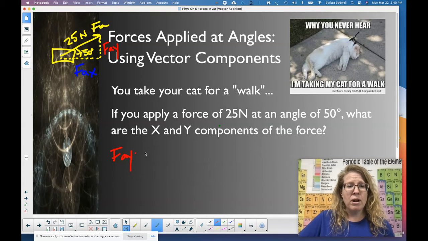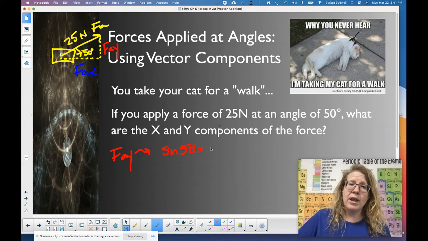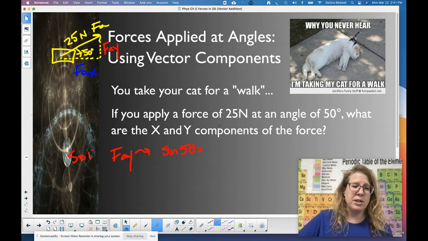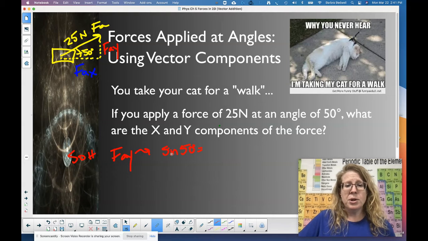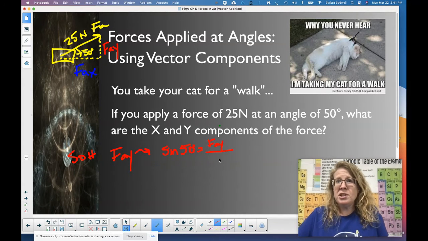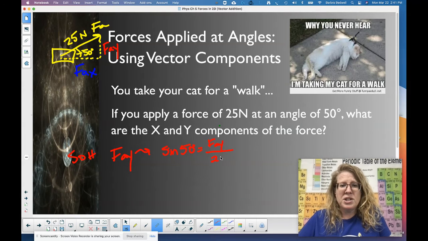Therefore, we are going to use sine, because sine is SOH, right? Sine of 50 degrees is equal to the opposite over the hypotenuse. So sine of 50 is equal to the opposite side, which is Fay, the y component of our applied force, divided by the hypotenuse, which is just Fa, also known as 25 newtons.